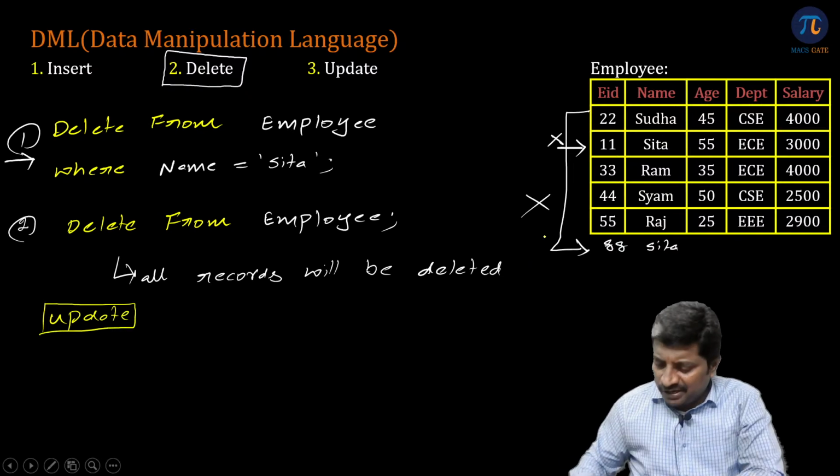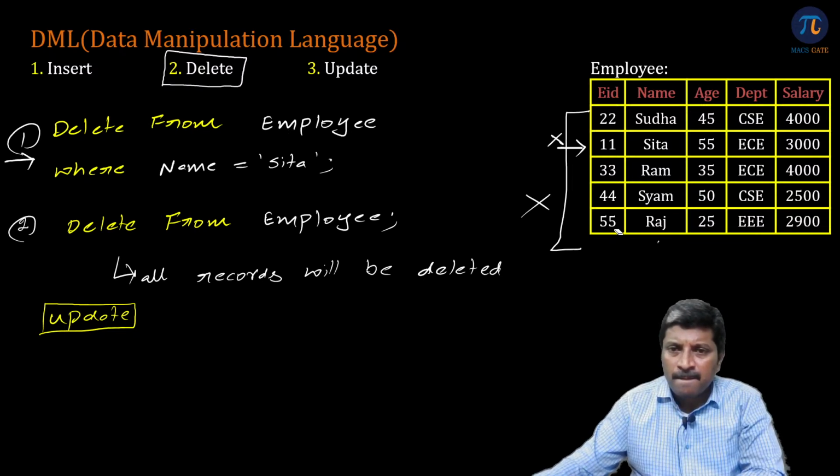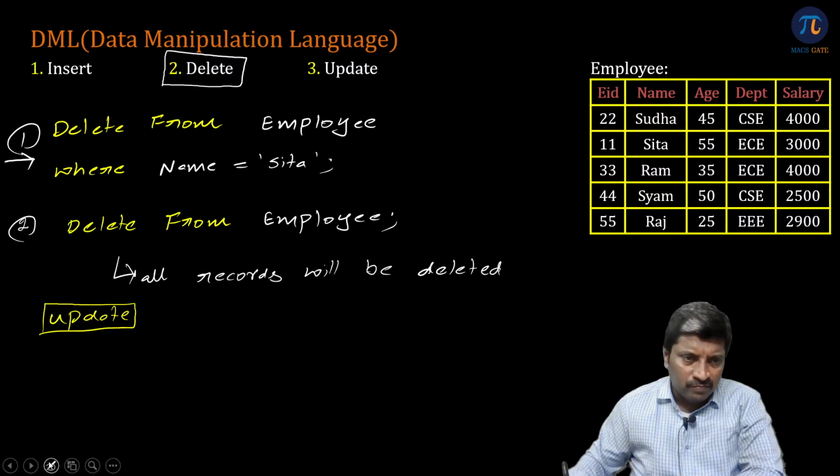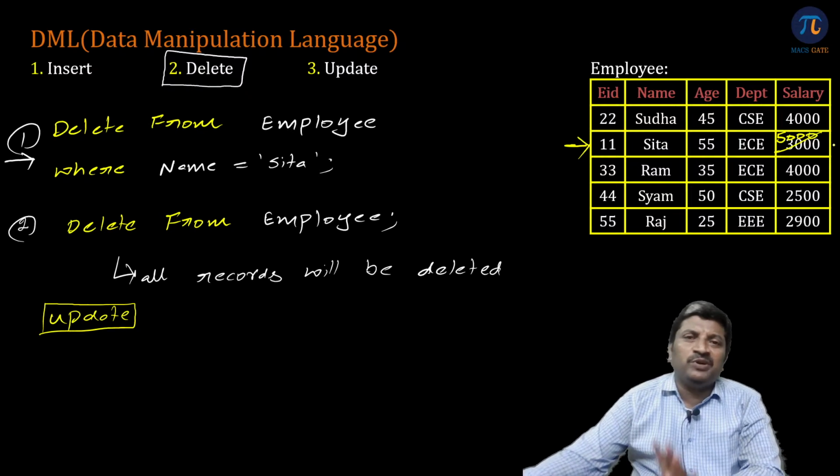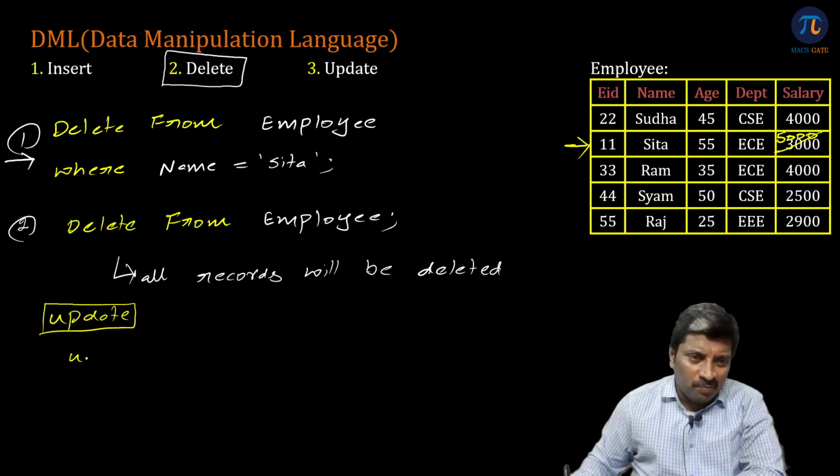Suppose I want to update Sita's salary. So 3,000 to 5,000. I want to give increment to Sita. Then update is a keyword, sir. Update table.